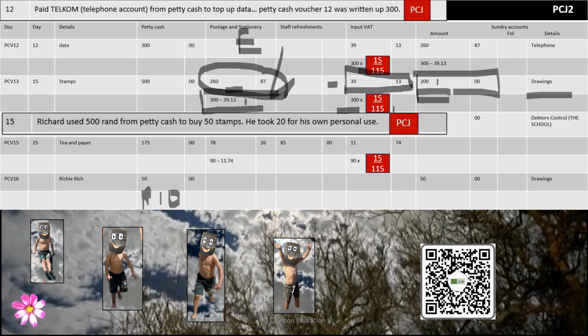We said 20 stamps times by 10 is equal to 200, and that there was for drawings, the owner's personal use. You might need to watch that again, but I have no doubt you will get it and understand what I've just explained. You might need to watch it a few times, but I know you will get it.